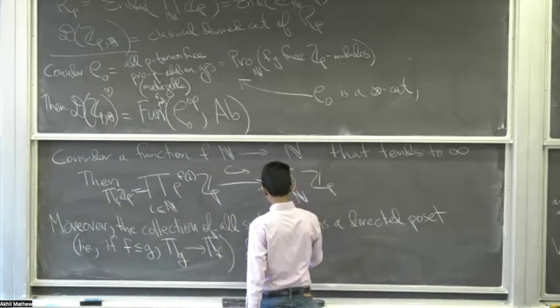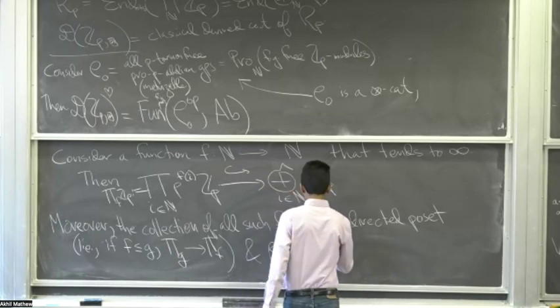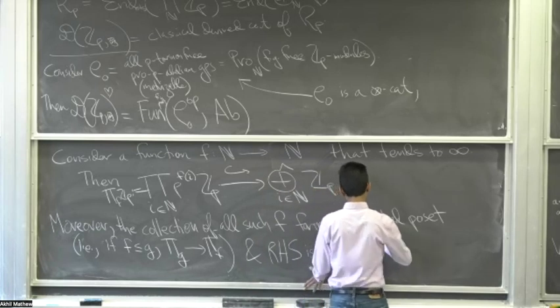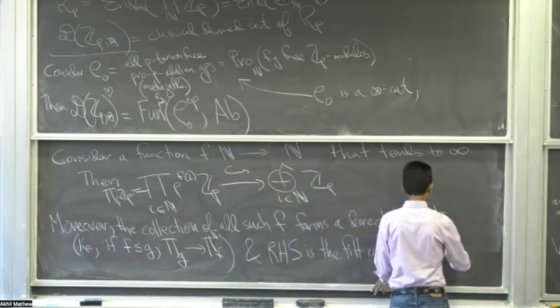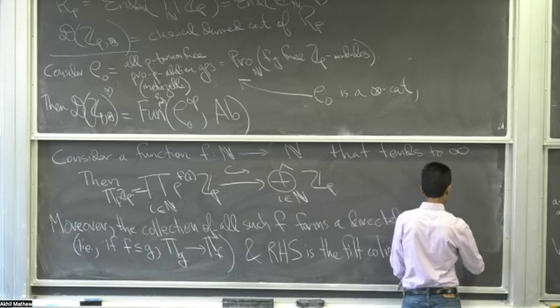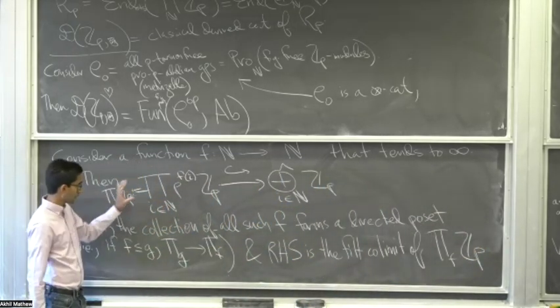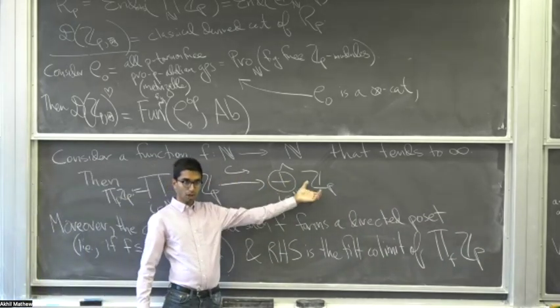So the right-hand side is the colimit of all products of f functions. So for each function that's growing to infinity, we get a profinite subobject of this uniform p-adic Banach space.